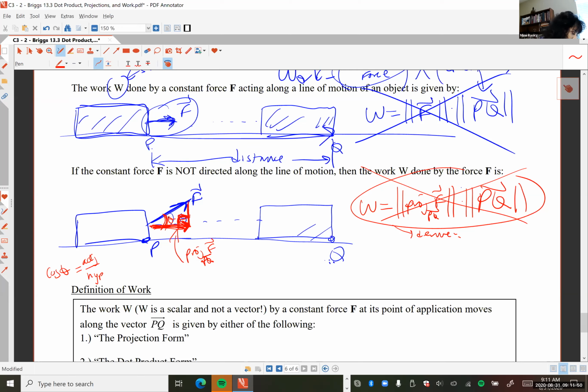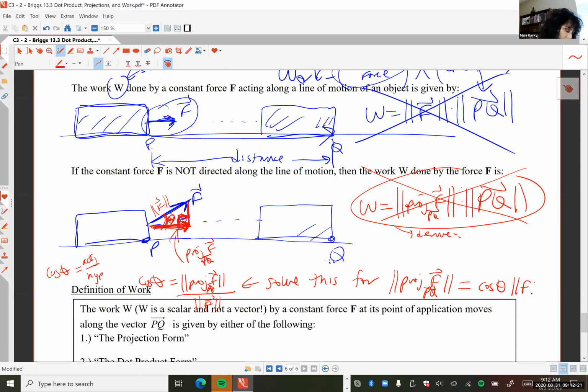So if this is our angle theta, cosine of our angle is equal to the magnitude of that projected vector onto the ground vector divided by the hypotenuse, but the hypotenuse is the length of the original force vector. Then solve this for the numerator, the magnitude of the projected vector of F onto PQ. And when you do that, you get that it's equal to cos theta times the magnitude of the force vector.